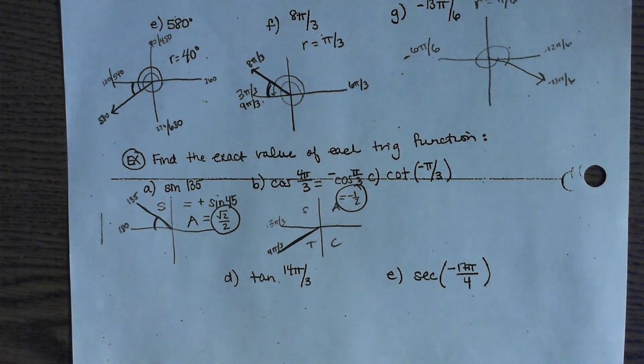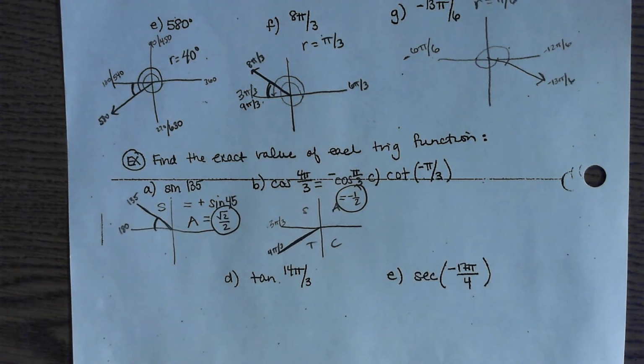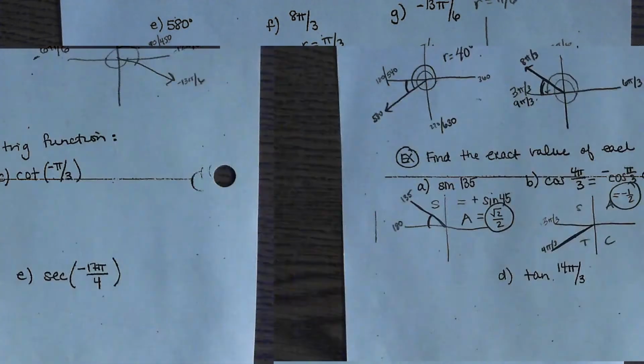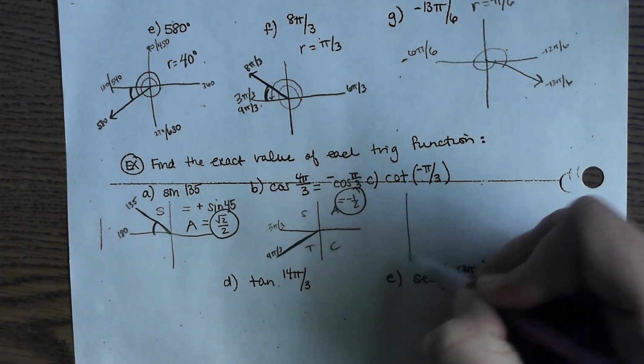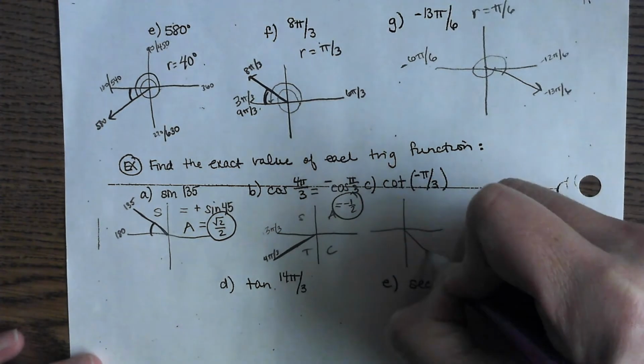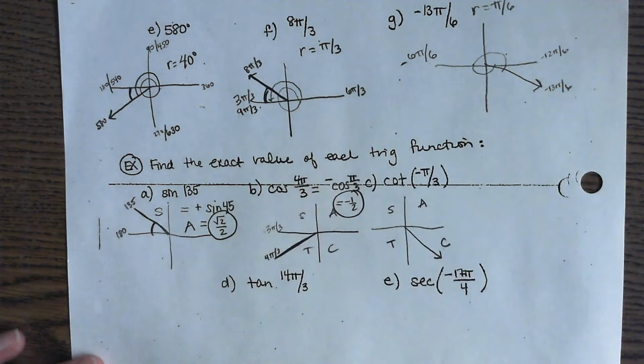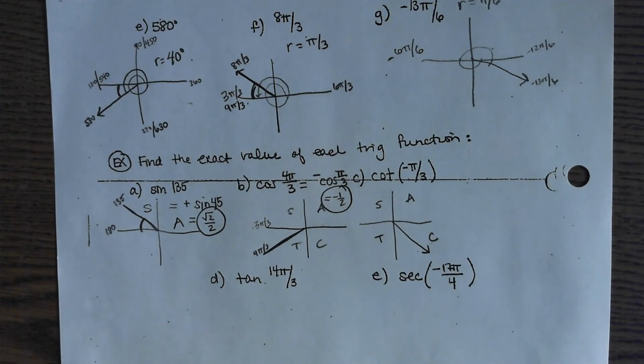Cotangent is going to be the reciprocal of the tangent. So if you want to find the tangent first and flip it, you can do that. But let me sketch first. What quadrant will it be in, Marissa? Yep. And is tangent positive or negative there? Negative.